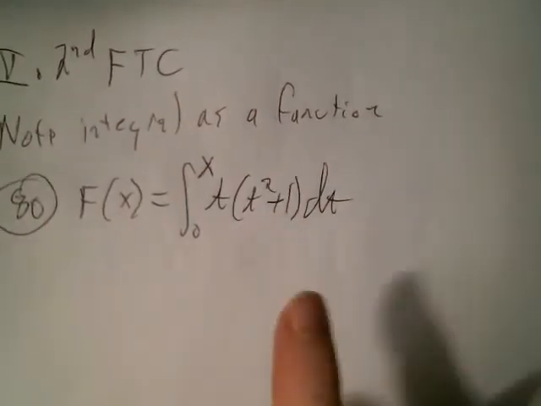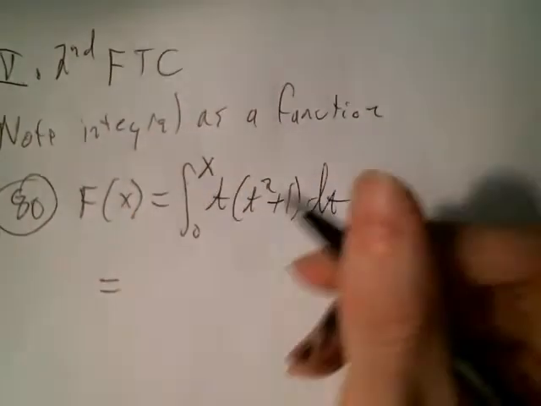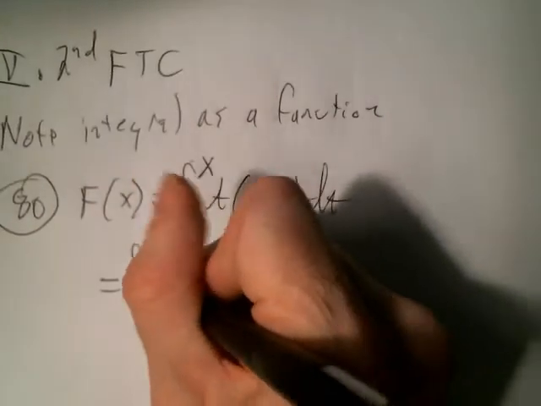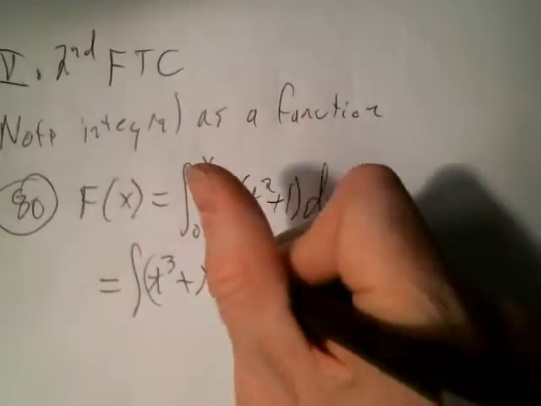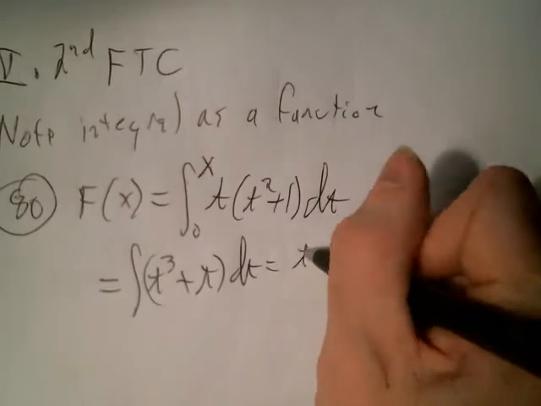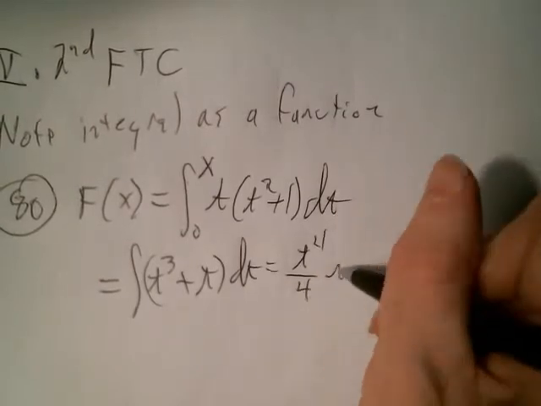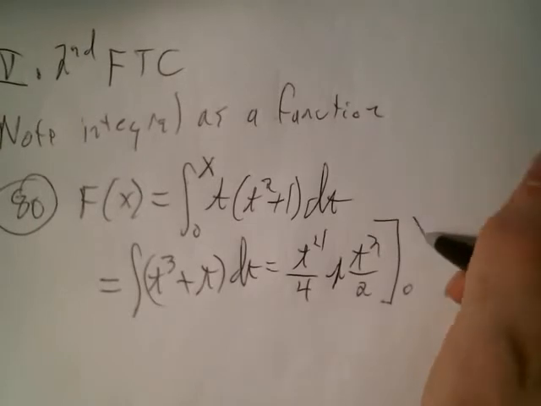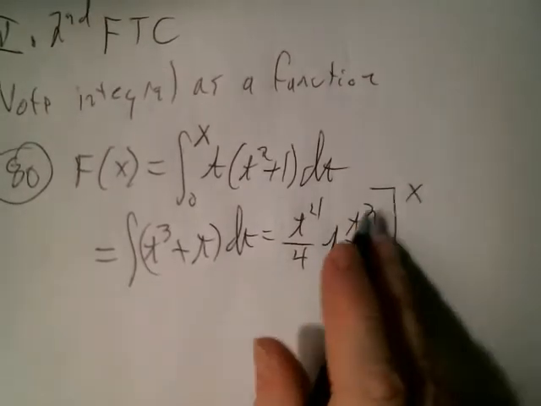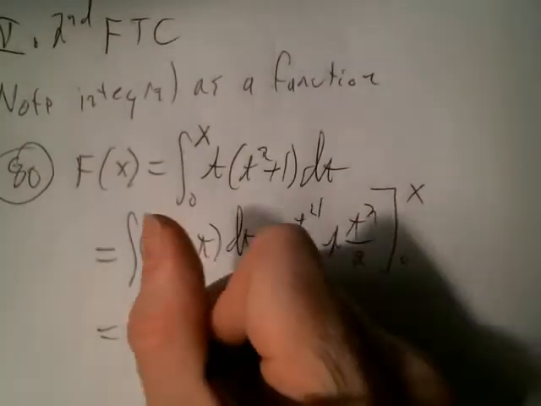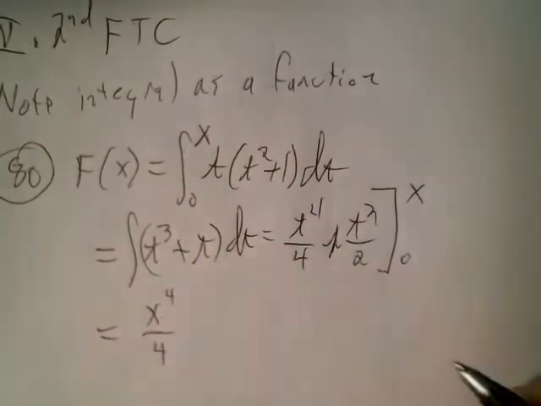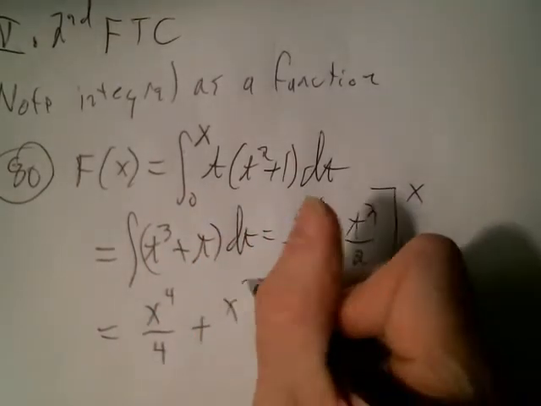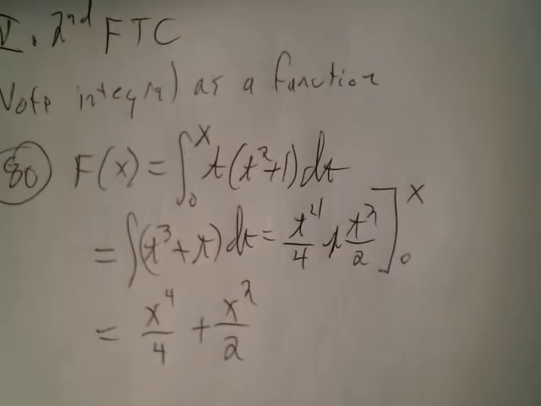If we evaluate this, we get t cubed plus t dt, which will be t to the 4th over 4 plus t squared over 2, evaluated from 0 to x. And if we put that in, we'll get x to the 4th over 4 plus x squared over 2.